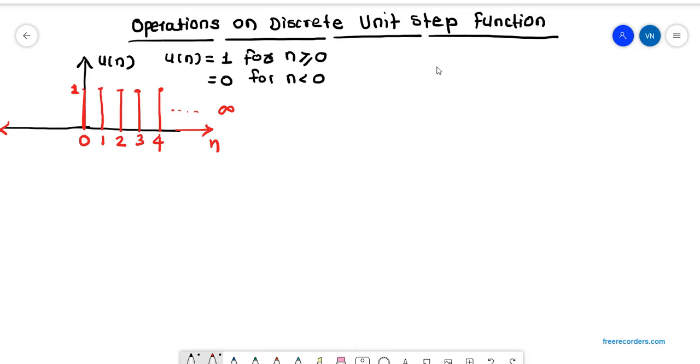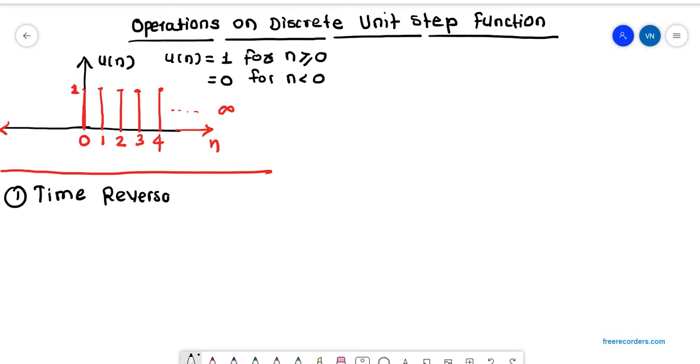So we have to apply different operations on unit step functions. How to apply? The first operation that we're going to apply is the time reversal operation. What is the meaning of time reversal? You just have to reverse the time.